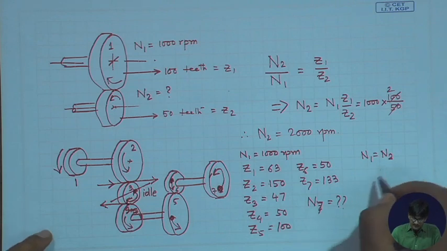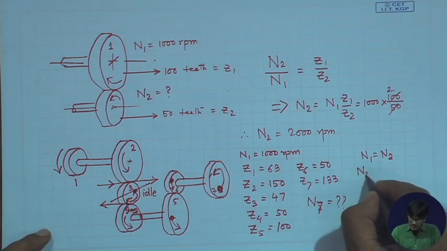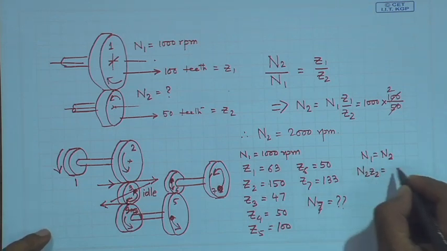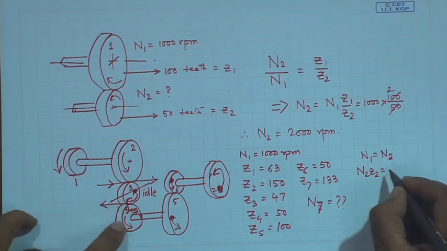Okay. So, since this velocity and this velocity are the same, we can establish the same relation between these two. First of all, we can write that N2Z2 is equal to N4Z4.